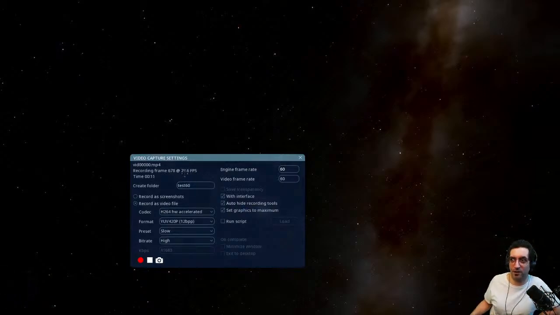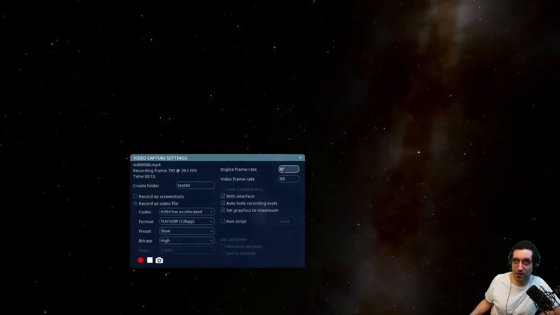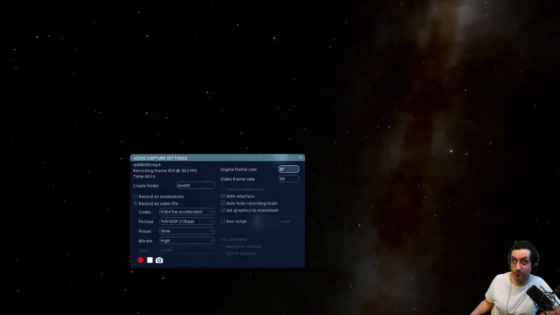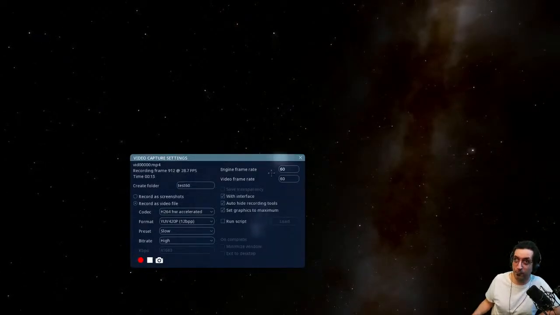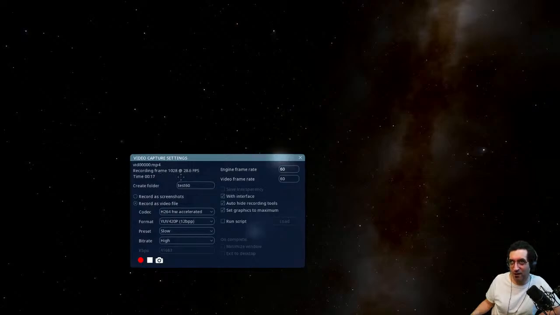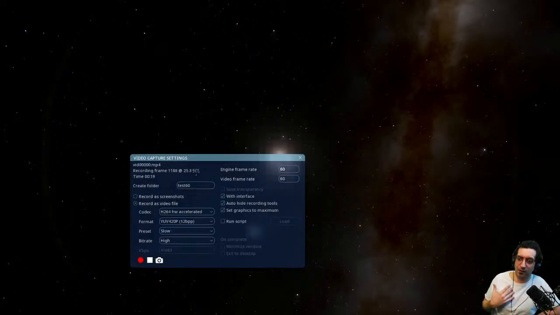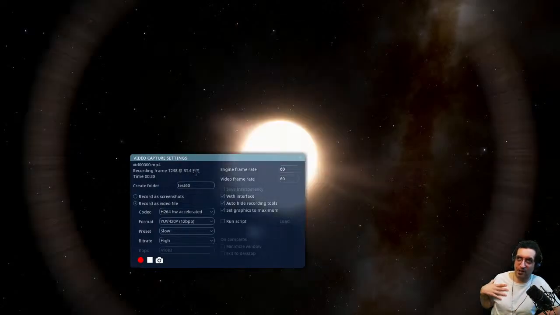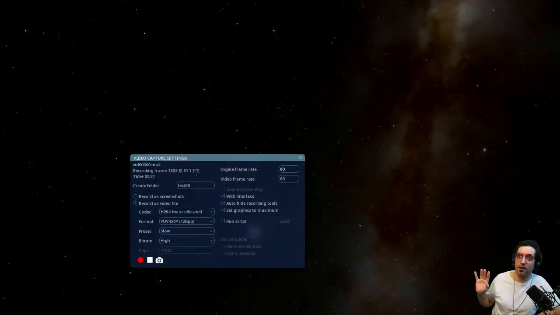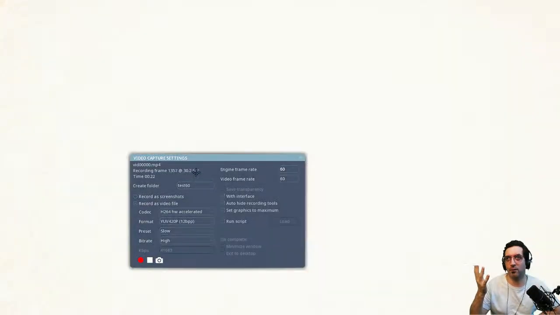And right off the bat, you're going to see something here. It says recording and engine frame rate, video and engine frame rate at 60 FPS, frames per second. But notice that the actual recording is running at only 29 or 30 frames a second. So normally, if I was to do this in real time at 60 FPS while recording video, the computer would do an imperfect job.